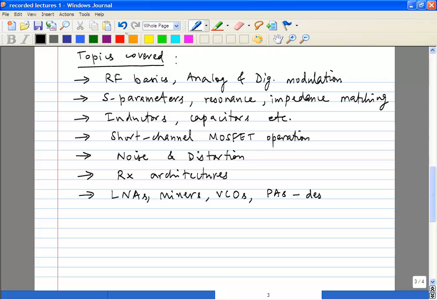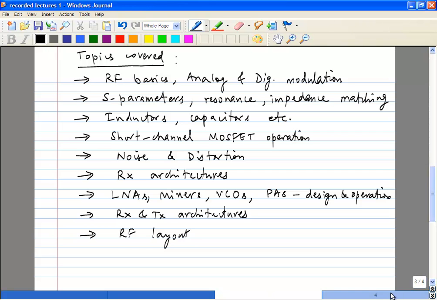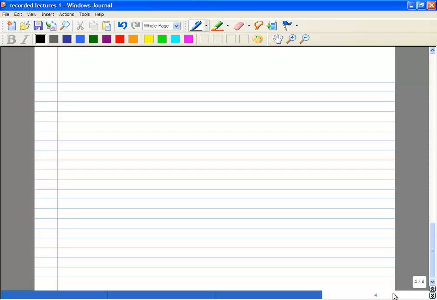We'll primarily look at design and operation of these circuits. Then we'll come back of course to RX and TX architectures. Then we'll probably have maybe one class of introduction to RF layout. So now that we have some understanding of what we are going to study in this course, let's start off with the first lecture.